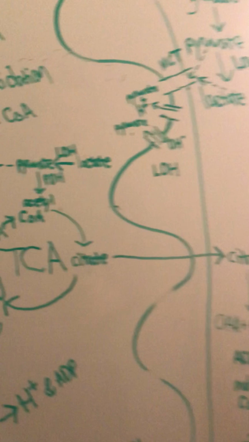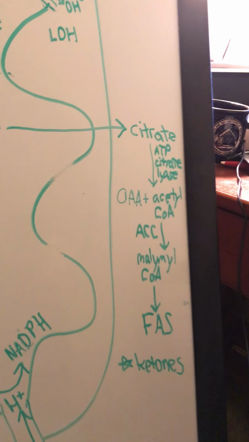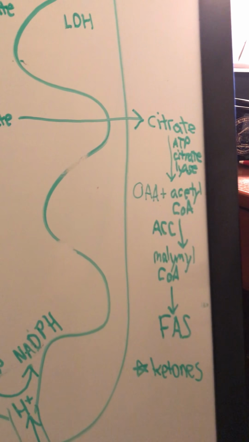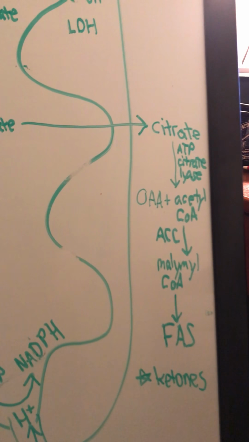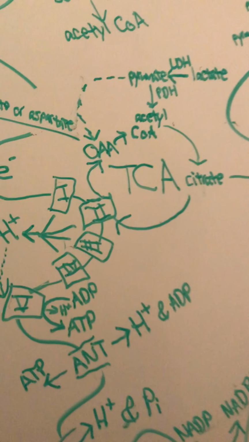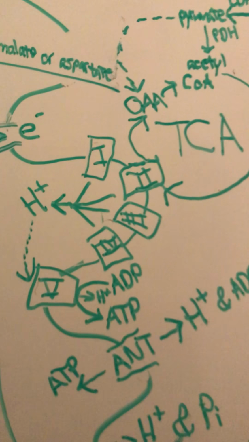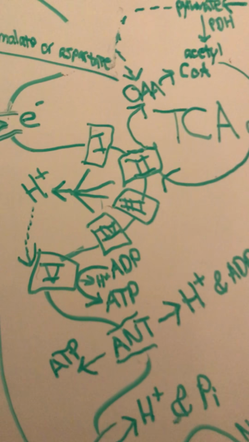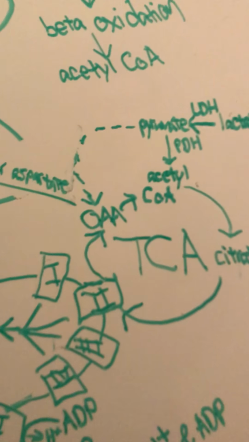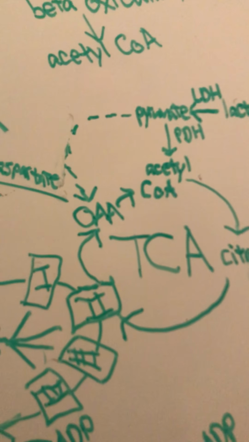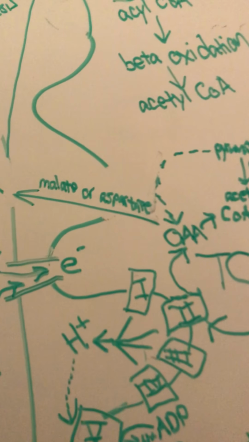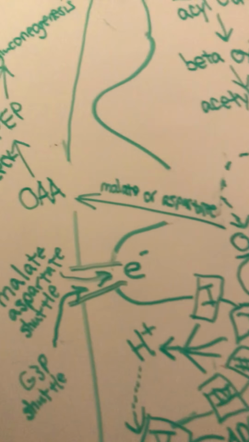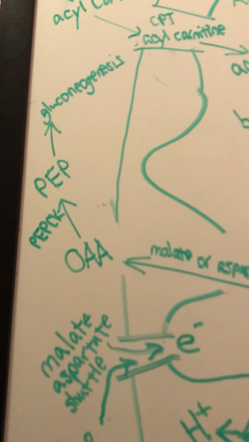However, citrate can exit the mitochondria, where fatty acid synthesis and triglyceride synthesis occur in the cytosol. The electron transport chain occurs on the inner membrane of the mitochondria. Oxaloacetate can leave the mitochondria via malate or aspartate to undergo gluconeogenesis in the cytosol.